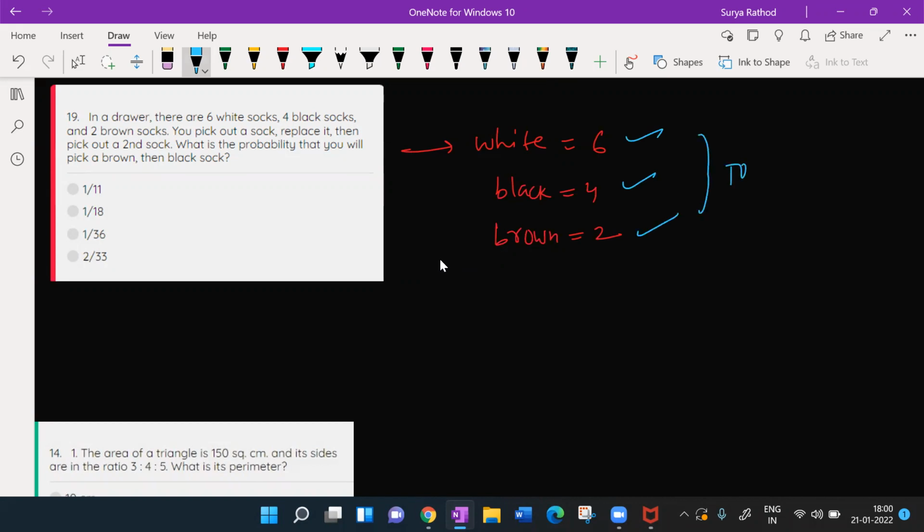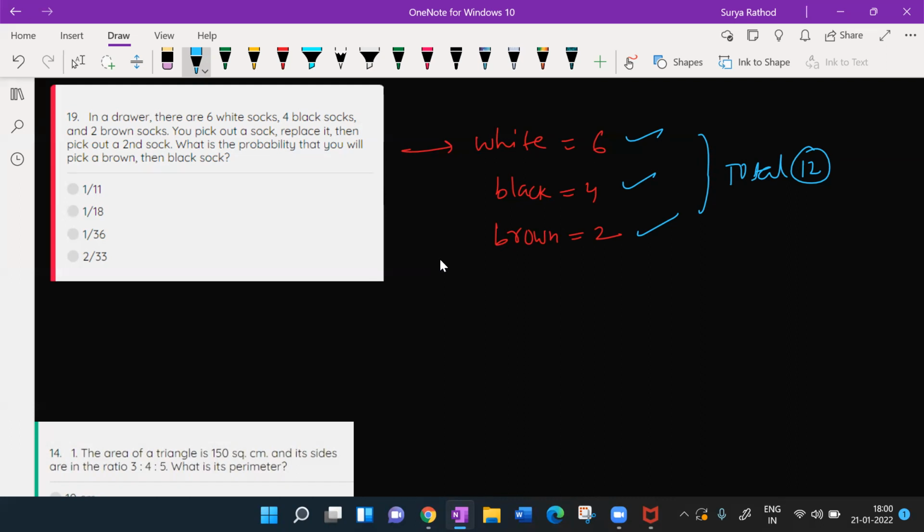Total how many? 12 socks. So there are 6 white, 4 black, and 2 brown. You pick out a sock, replace it, then pick out a second sock. What is the probability that you will pick a brown then black sock?